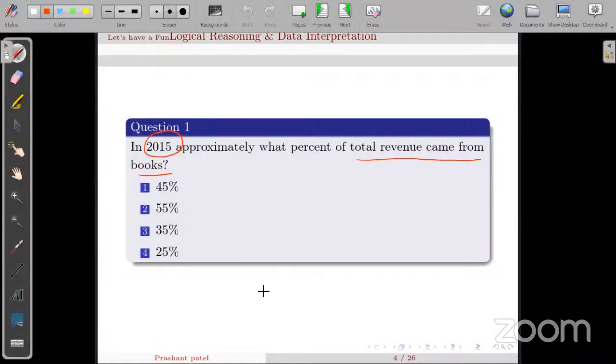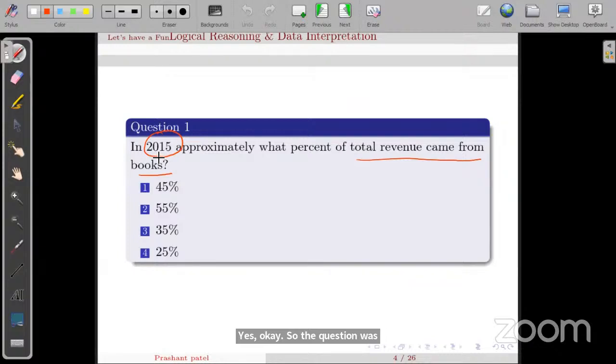Sorry. Yes. Okay. So the question was this.